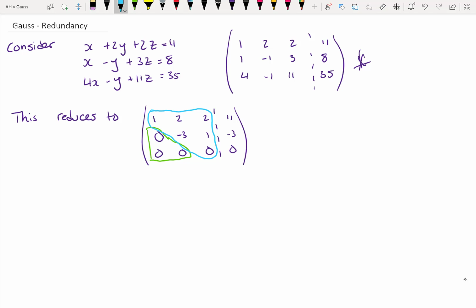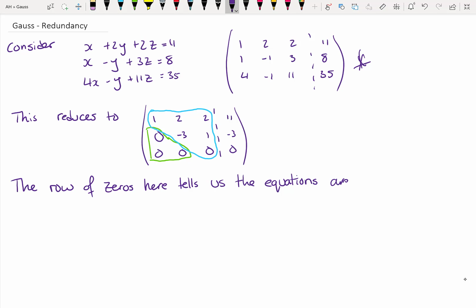And so the row of zeros here tells us the equations are redundant.